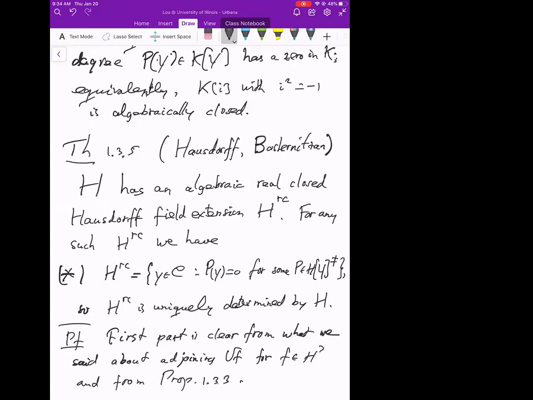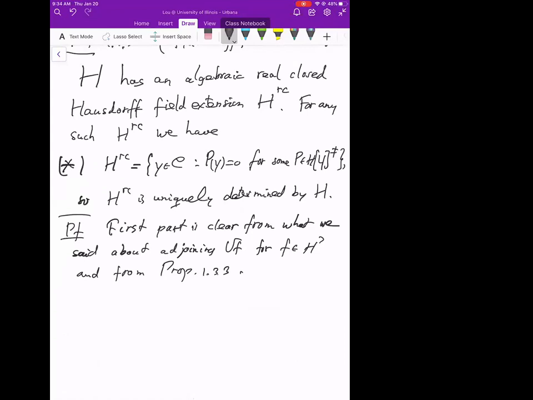And now I have to prove this uniqueness in this form star, right? So let HRC be as in the first part. And I have to show star. Well, one direction is clear.